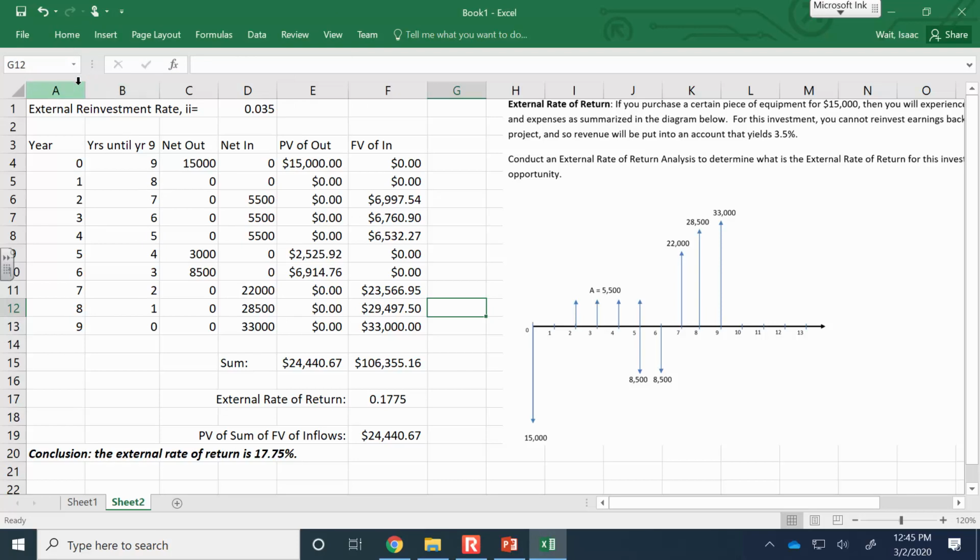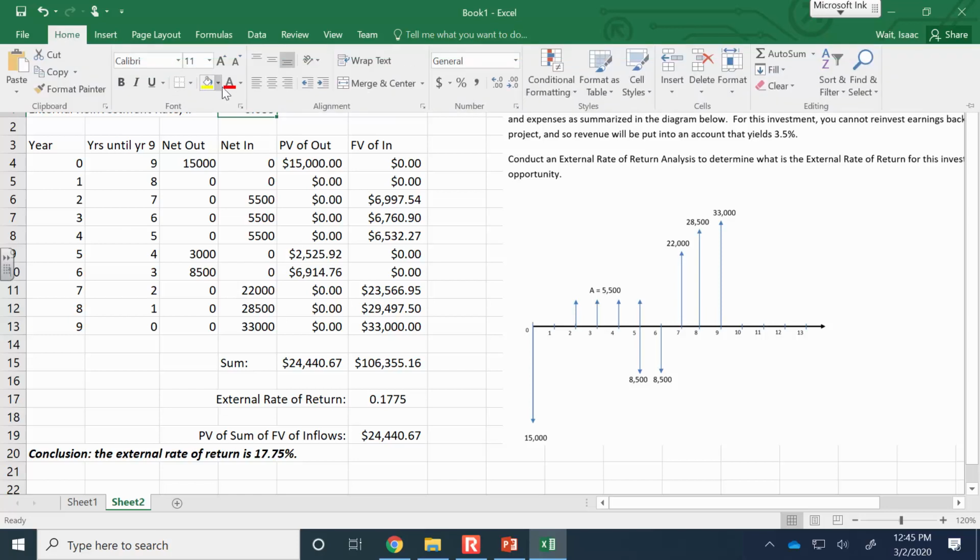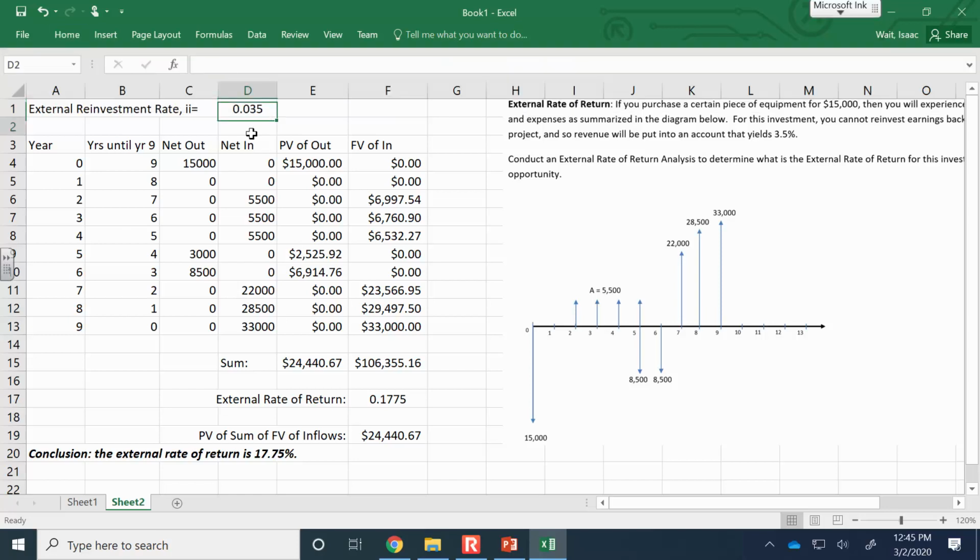Okay, so remember on the external reinvestment rate, that'll be the given interest rate that the profits go to. It's the outside account where these revenues are going to be placed until the end of the study period. The study period is a 9-year time horizon, and what we want to know overall, what is the weighted average of the profits? When you take into account not only the rate at which the profits are being generated, but then the compounding effect.